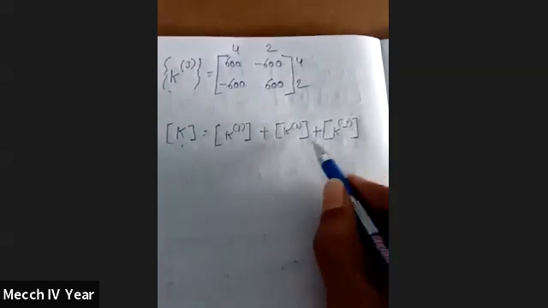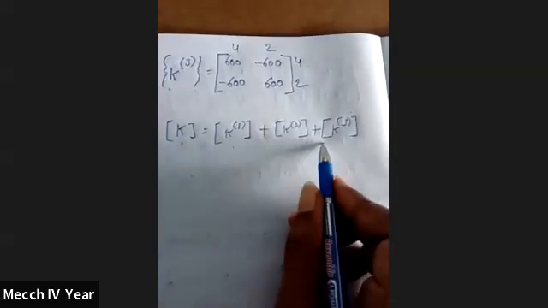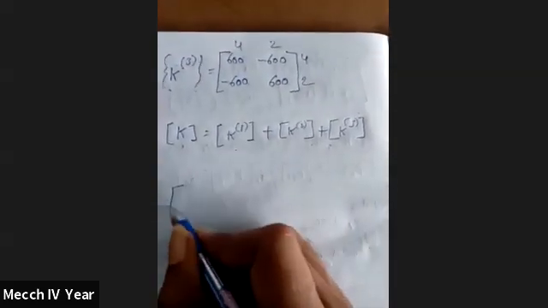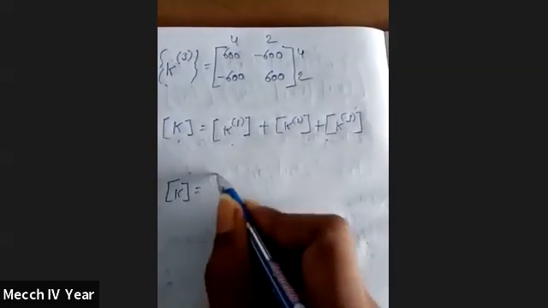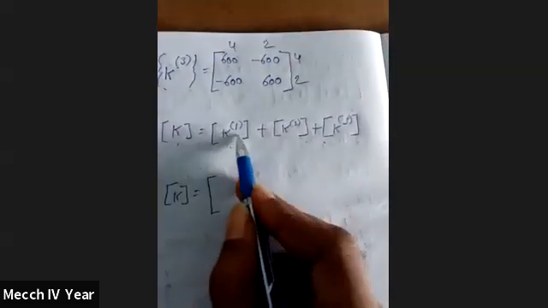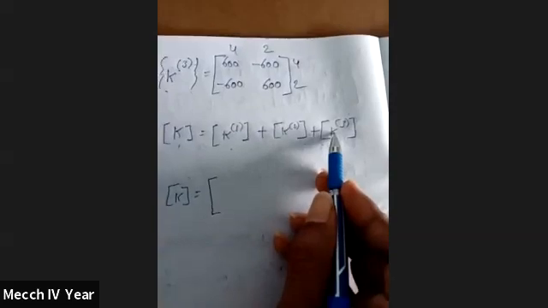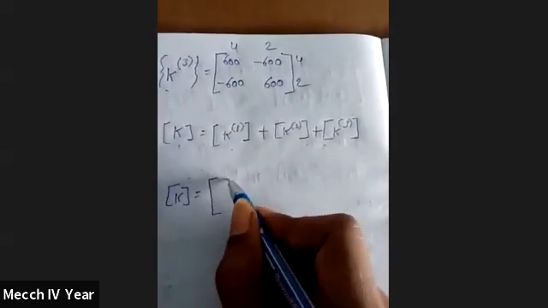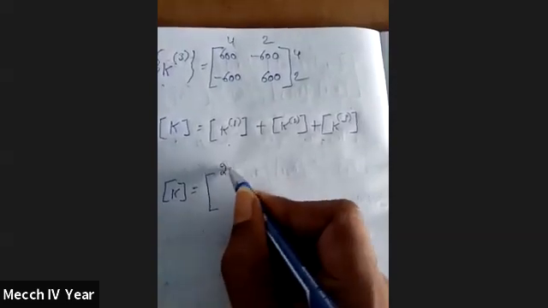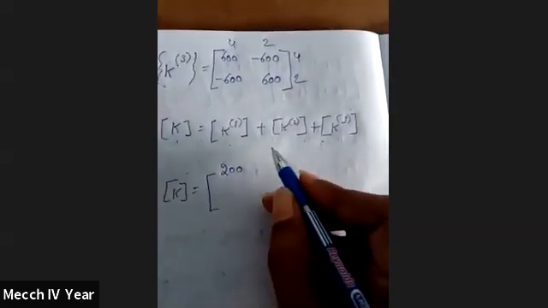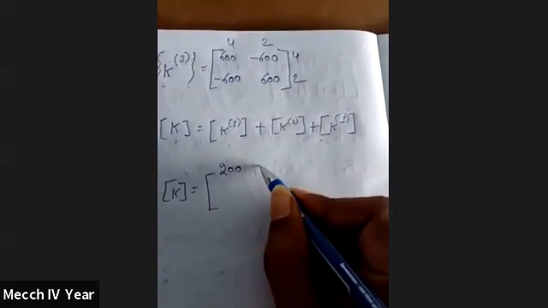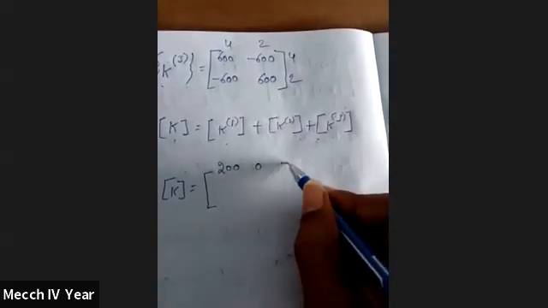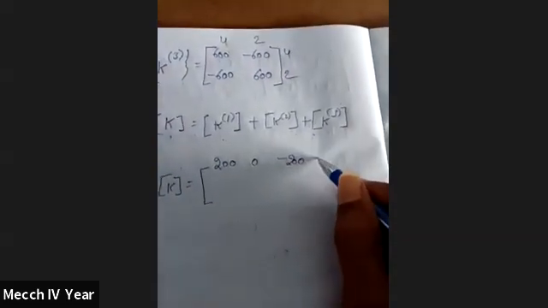We are going to add all of these: 1 plus 2 plus 3. The first entry we see here is 200, and then 0, minus 200, and then 0.